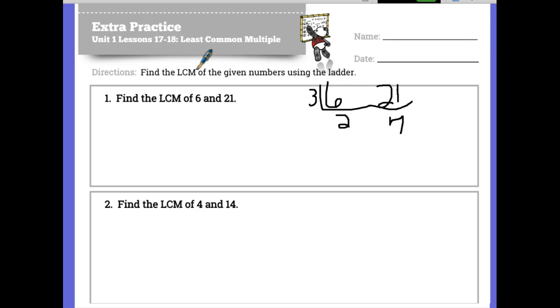Now, least common multiple. Remember what we do for the multiple is I'm going to circle the 3 and I'm going to circle these numbers here. We're looking for the L. These two circles here and here form an L for least common multiple.